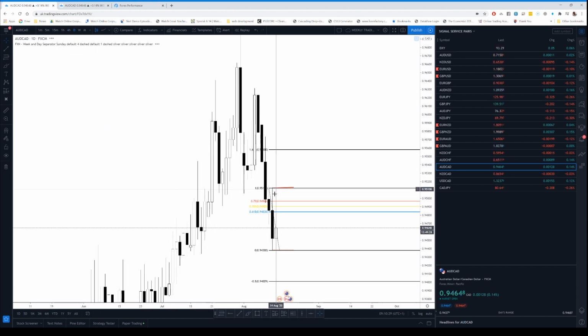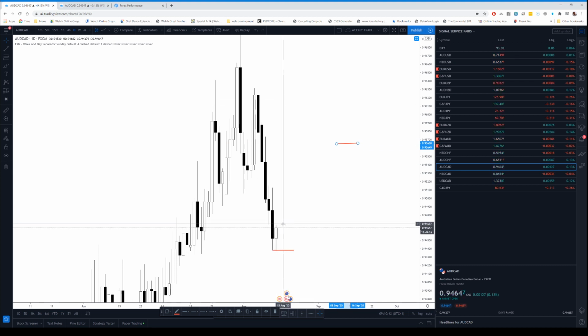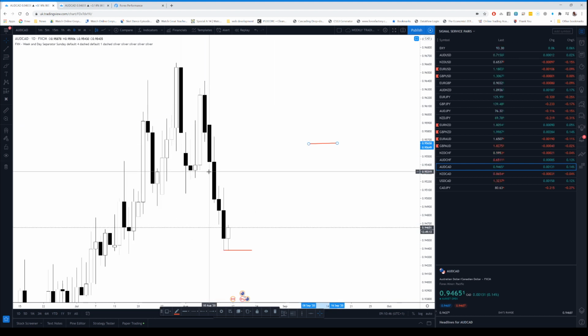Because the daily is overextended. What do I mean by overextended? We've had 1, 2, 3, 4, 5 consecutive down candles. That's overextension, and then price can go into some form of a pullback into this last up candle again. This pair can do that.